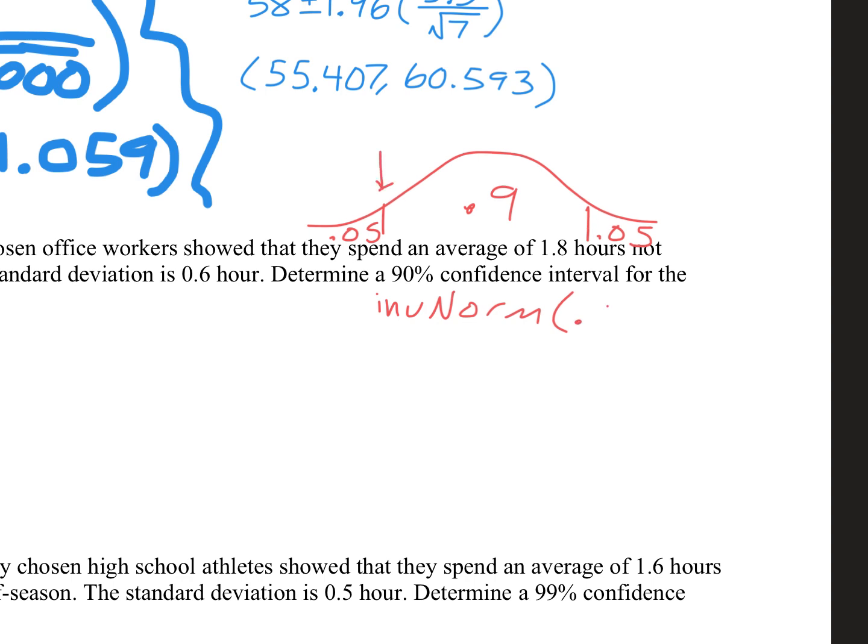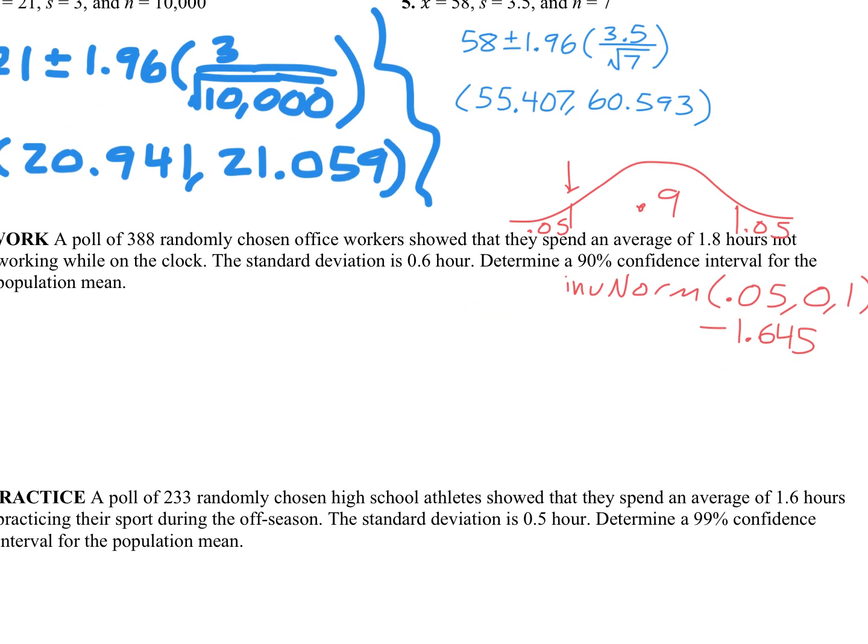That has 0.05 to the left of it, a mean of 0, a standard deviation of 1. All right, you get negative 1.645. Doesn't really matter that it's negative because it's going to go next to a plus or minus anyway.